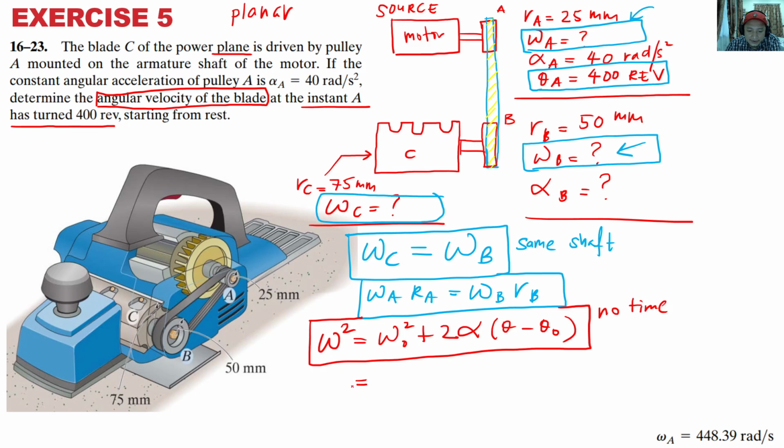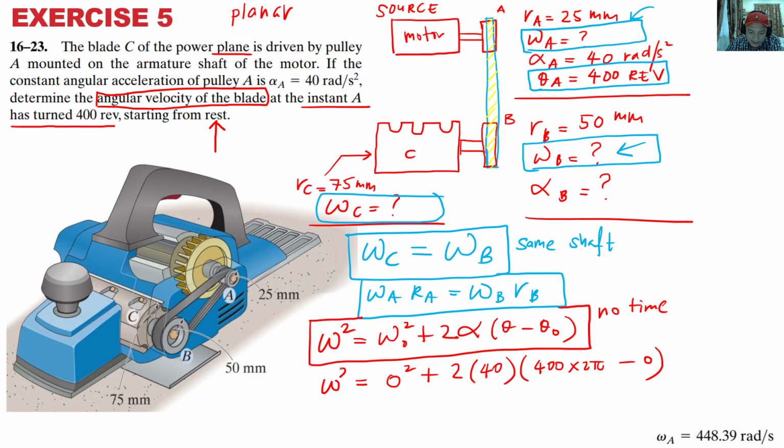So omega we don't know. Omega naught. Originally at rest? Yeah, has to start from rest, huh? 0 squared plus 2 alpha. Alpha do we know? Yeah. Alpha is 40. Theta is 400 times 2 pi minus 0.